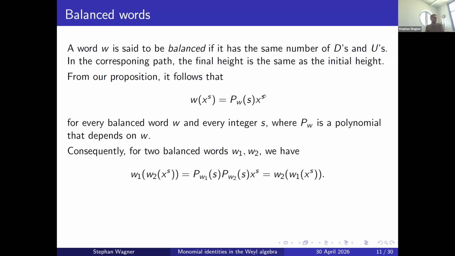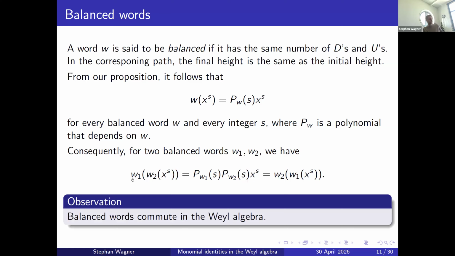And then applying W1, that constant can be factored out. And the effect of applying W1 is simply that we are getting a factor P_W1 of s. But here it didn't matter in which order we did it. It would make a difference if they weren't balanced, because then after applying one of the operators, I'm not back to the same exponent. So when I then apply the other operator, I get the polynomial associated with that operator, but with a different s plugged in. So this only works for balanced words.